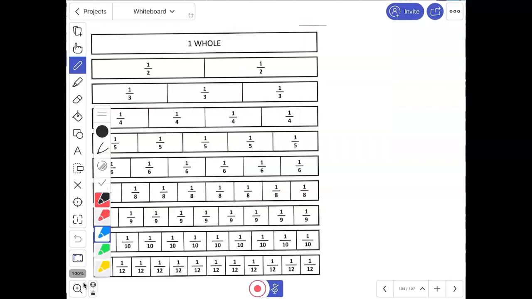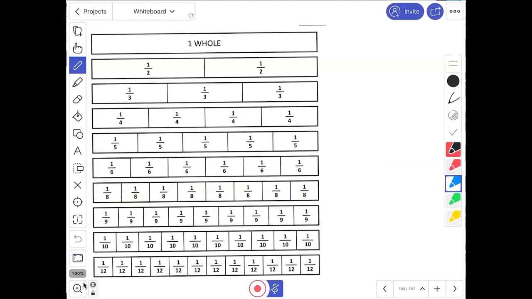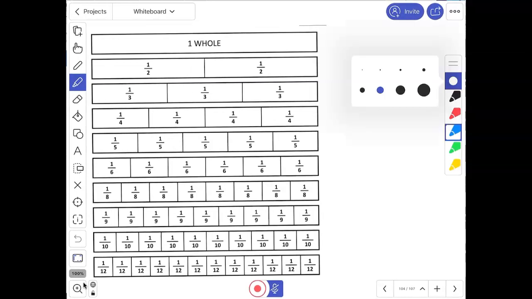Let's look at another one. This is one of my favorite tools, and I want to show you why. These are called fraction strips. And if we were at school, we would all have a copy of this. I'm going to put this in one of the lessons so you can print and use it as a tool as much as you want. It's really helpful for finding equivalent fractions. Let me show you why.